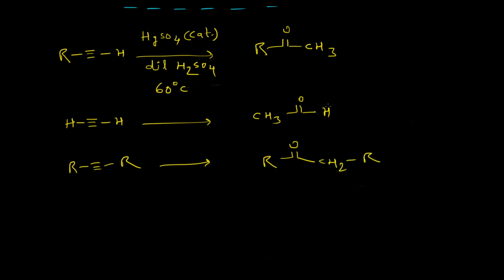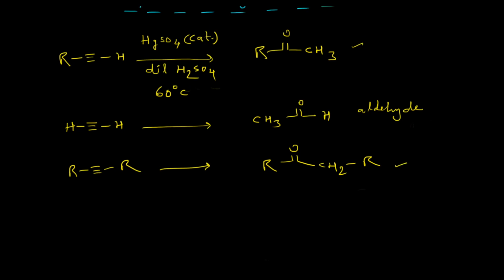Only acetylene gives us the aldehyde, which is acetaldehyde, and any other alkyne, irrespective of its terminal or internal character, will provide the corresponding keto compounds after the reaction.